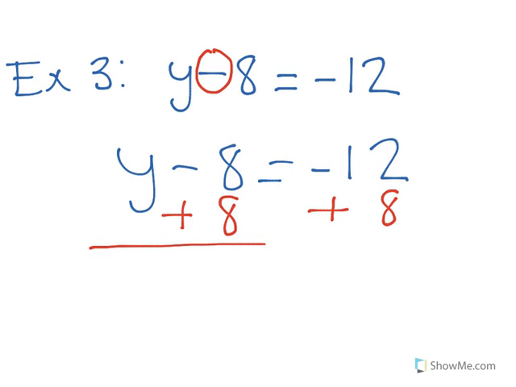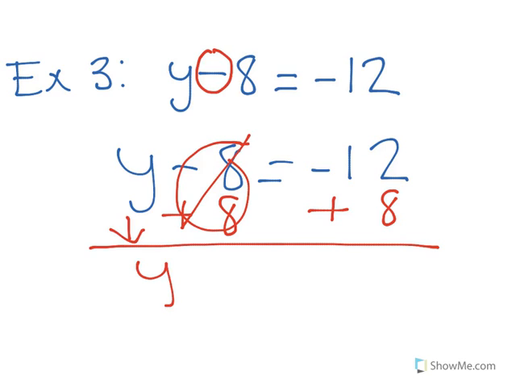I'm going to draw my line to simplify. Minus 8 plus 8 cancels out to 0. Bring down my y. So y is going to equal, because I brought down my equal sign, negative 12 plus positive 8, which is negative 4. Now I need to go back and check my work.